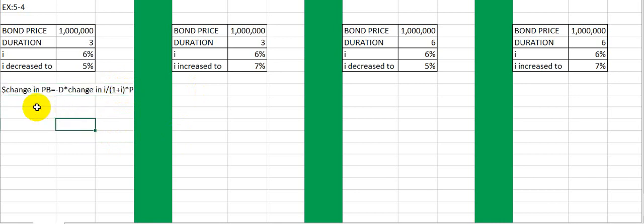Which means it will be minus 3 times the change in interest. Now interest was 6% and decreased to 5%, which means that the change in interest is negative 1%. The change in interest is always new minus old.